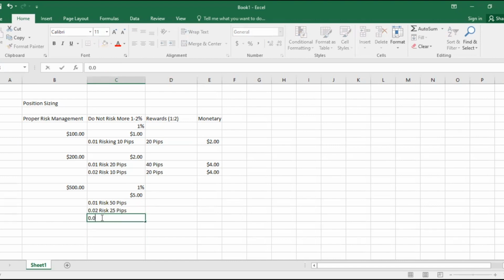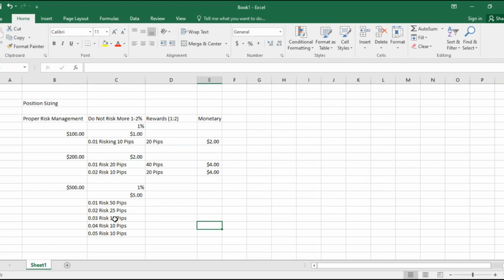You can do 0.03, and here you'll be risking around 15 pips. Also you can do 0.04, and here you can risk 10 pips. And also you can do 0.05 and you risk 10 pips.